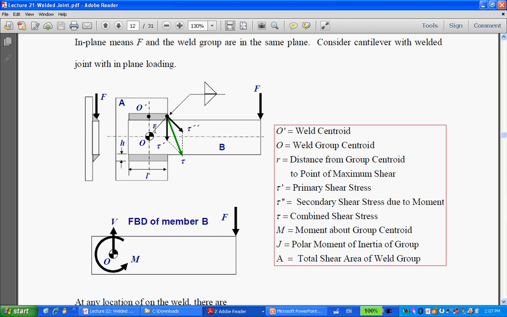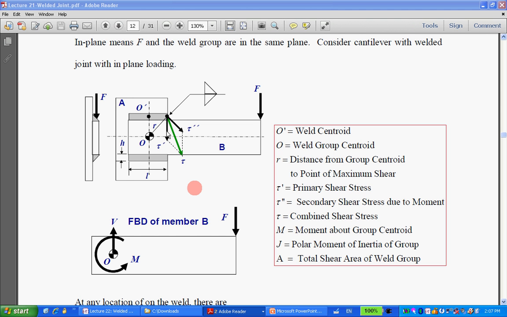Okay, so those two are the external loading, and based on these two external loadings, you can find out where the critical location is. For the torque, the location with the largest distance will have the largest torsional shear stress, right? So that's why we look at this location here.